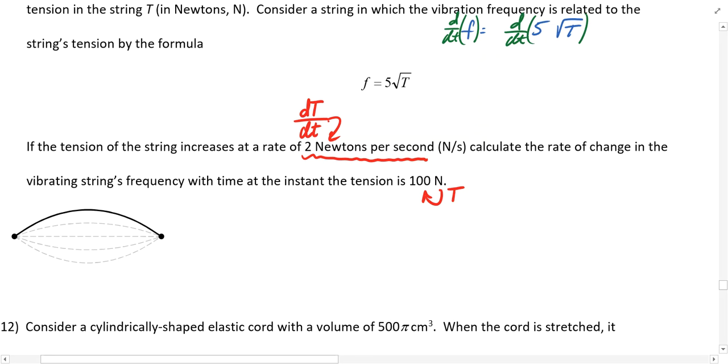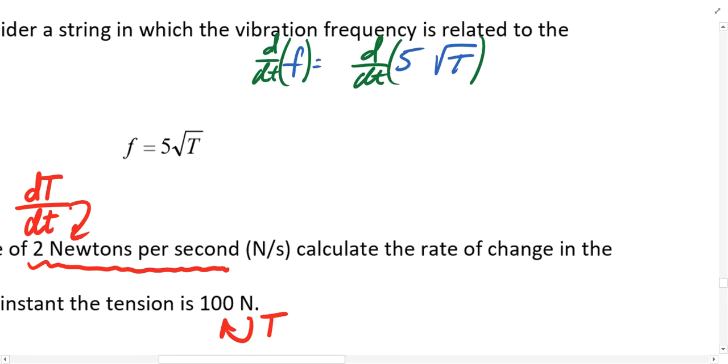On the left side, the derivative of f with respect to t, we don't really know what that is, so I'm going to leave that as the differential df/dt. On the right-hand side, we've got this constant 5 that can be factored out. Now I need to find the derivative with respect to time of the square root of T. I'm going to treat this as capital T raised to the 1/2 power.